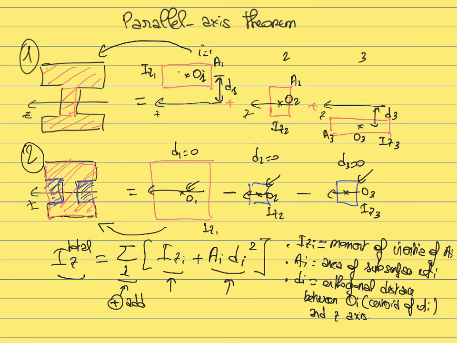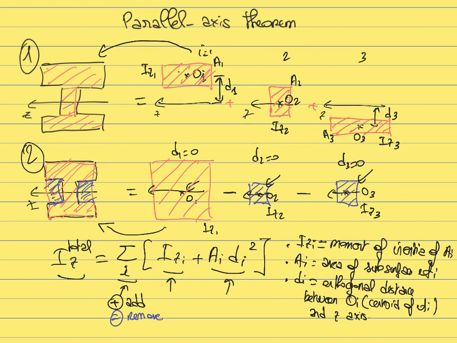For example, when you use the first method, you say that the total surface is the combination of this surface plus this surface plus this surface, so you add those three surfaces with a plus sign. On the other hand, if you use method 2, then the total surface of the cross section would be this. You add this surface, so that would be a plus sign. But then you remove this surface, and then you remove this surface. When you remove a surface, that should be a minus sign.